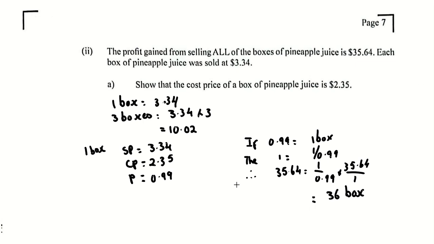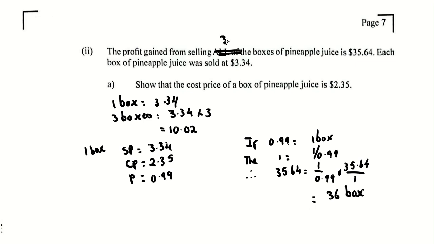But before we go on to the next question, if they wanted you to solve this, what they had to tell you is the profit gained from selling not all the boxes of juice, but from selling 36 boxes of pineapple juice.